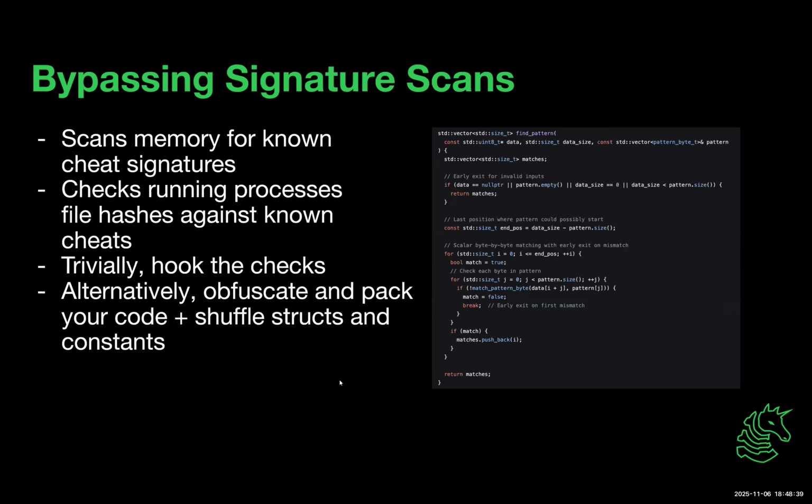Bypassing signature scans. Right here, this is a non-vectorized pattern finder. Programs, again, will just go down their memory list and see if your program is loaded into their memory.